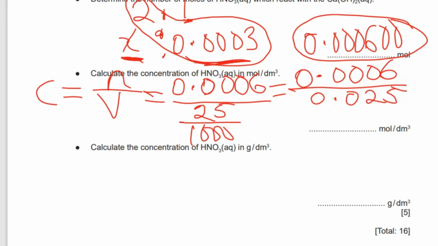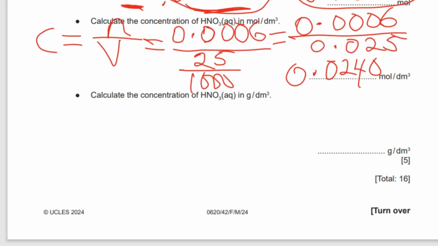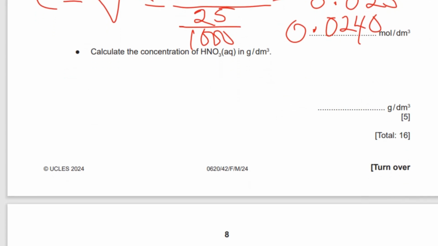Okay, that's good enough. On the calculator, you have 0.0240, to 3 significant figures. All right, great job. I guess you don't have any challenge there.